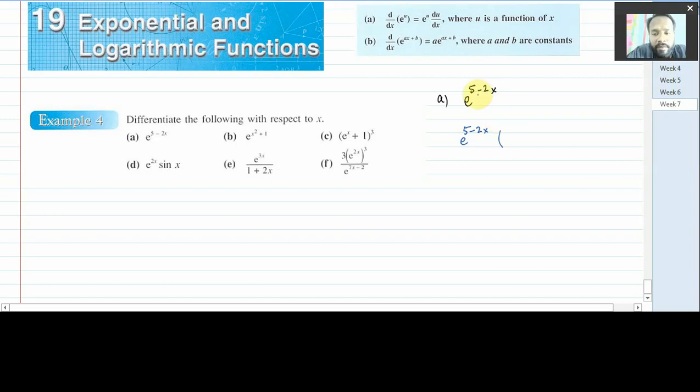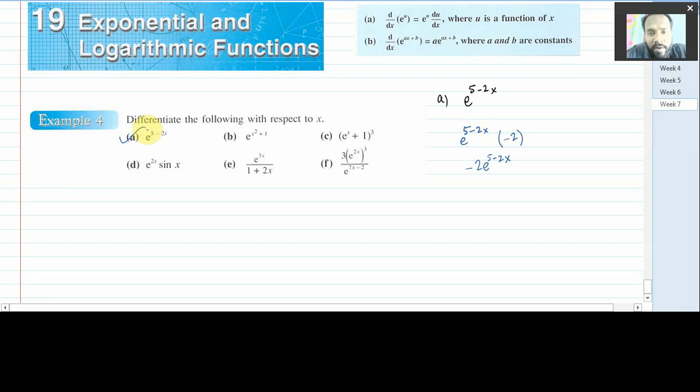So the differentiation of power: the derivative of 5 will be 0 because it is a constant, right? The derivative of minus 2x will be minus 2. So the final answer will be minus 2 e to the power 5 minus 2x. That is your first part answer.